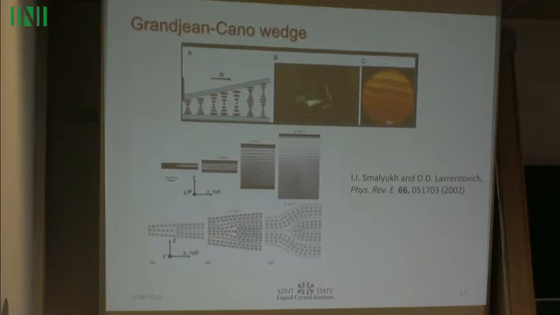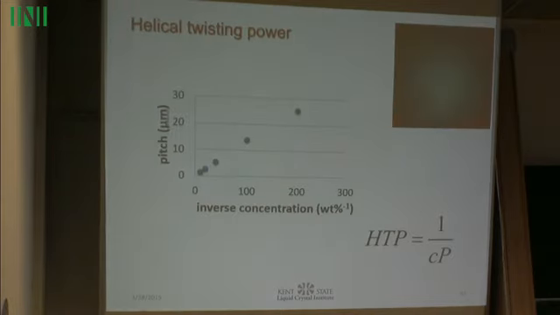So if you're interested at all in this, I recommend this paper from 2002, because it's really a beautiful piece of work. So typically, one would make a mixture and put it into some sort of Cano wedge, and then one can determine the pitch, and then one can add more or less chiral dopant to get to where one wants to go.